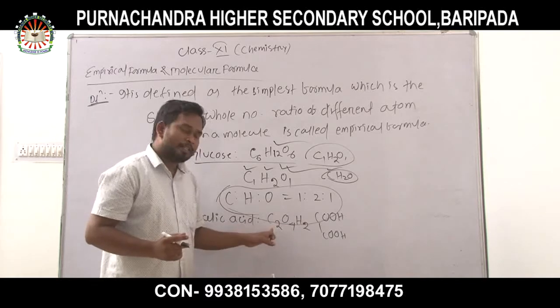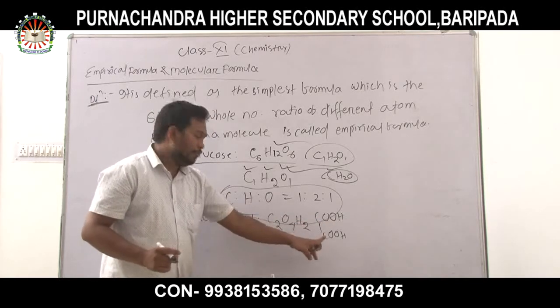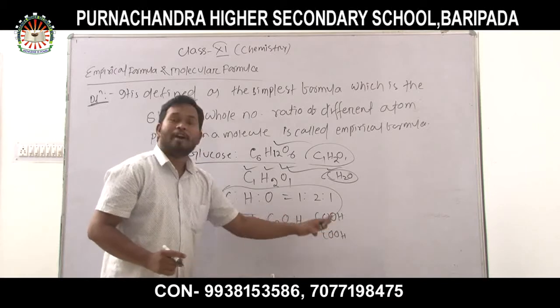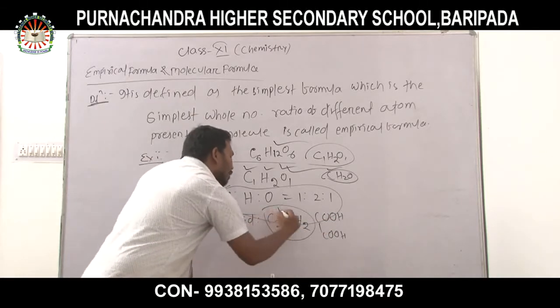Here we write the condensed form. The number of carbon atoms is 2, so C2. The number of oxygen atoms is 4, that is O4, and the number of hydrogen atoms is 2, that is H2. Thus, it is the molecular formula.